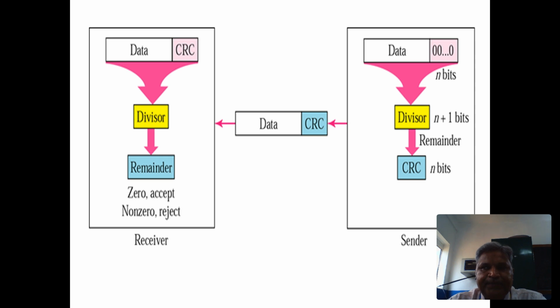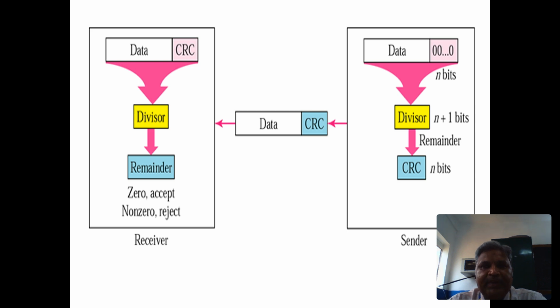I'll repeat once again. When we perform binary division in CRC, we carry out modulo 2 subtraction. In modulo 2 subtraction, 0 minus 0 produces a 0, 1 minus 1 produces a 0, 1 minus 0 produces a 1, and 0 minus 1 produces a 1.